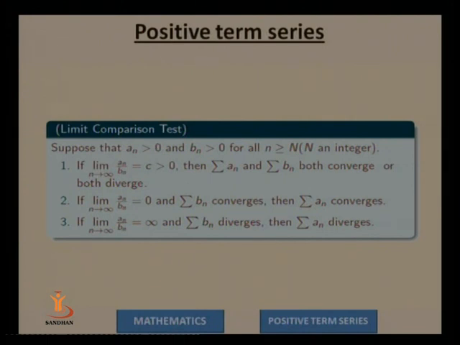That means both are convergent or divergent series simultaneously. It may not happen that one is convergent and the other is divergent.